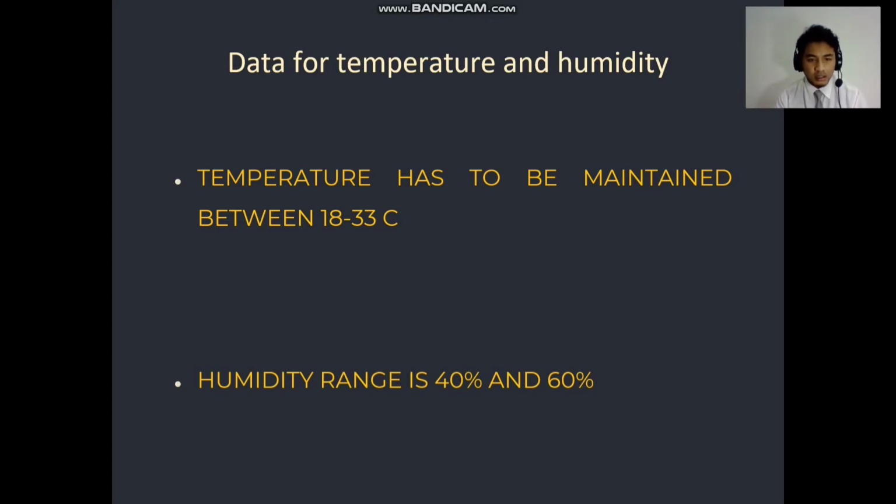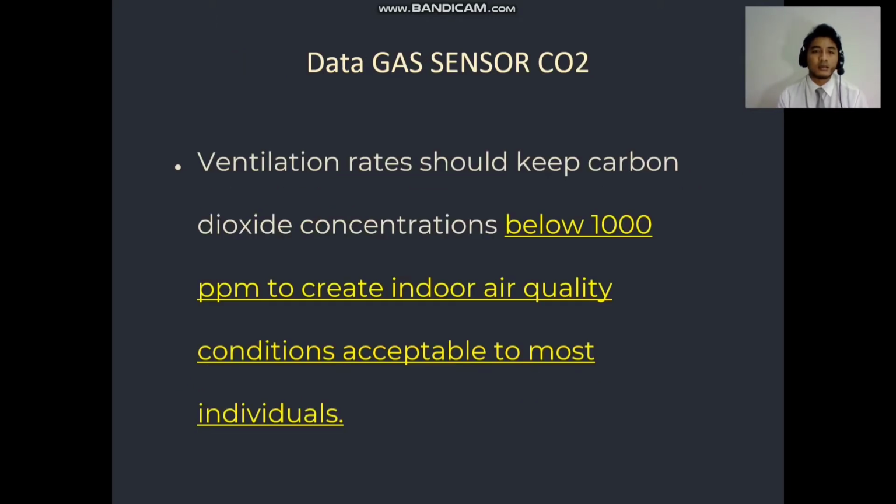The normal humidity value must be around 55 to 60% to be comfortable. This is data for the gas sensor CO2. Ventilation rates should keep carbon dioxide concentration below 1000 ppm to create indoor air quality conditions acceptable to most individuals.